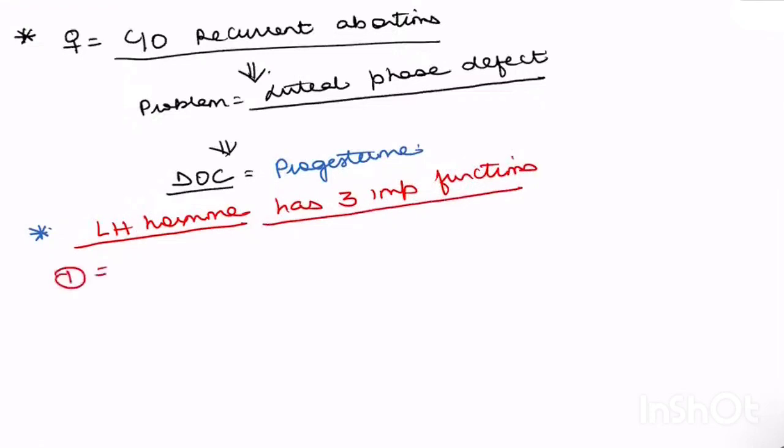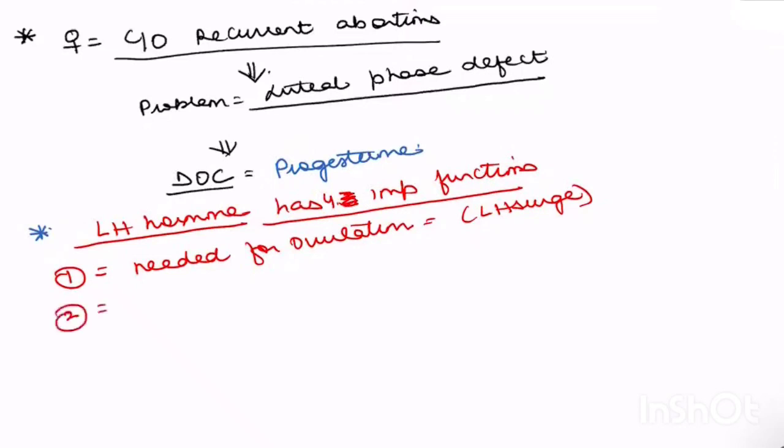Number one, it is needed for ovulation. Right? LH surge is needed for ovulation. So it has four important functions. Sorry. It has four important functions.